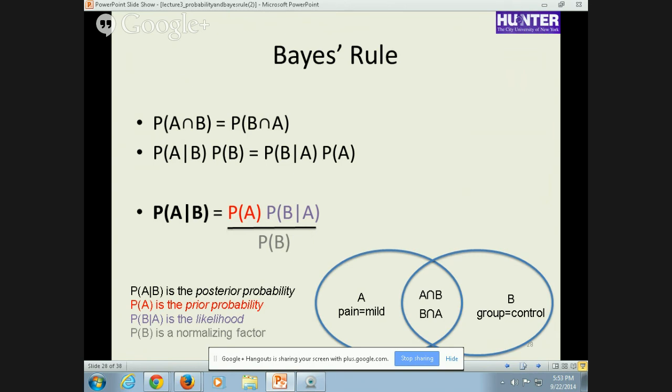In this case, it's the likelihood of a positive test given that you have the disease. And P of B is a normalizing factor; it doesn't have as direct an interpretation. In this case, it's the probability of receiving a positive test.